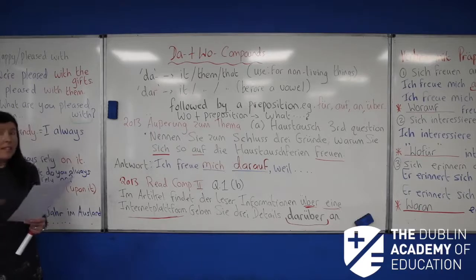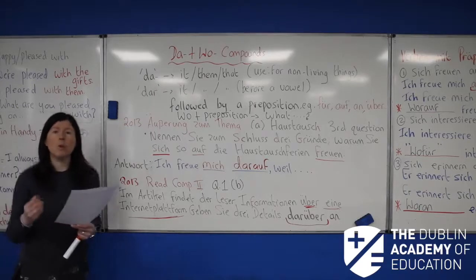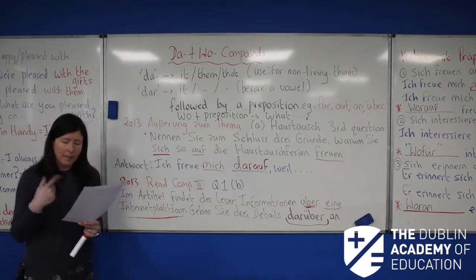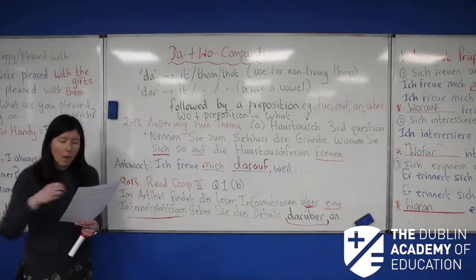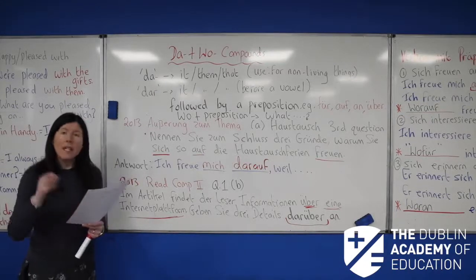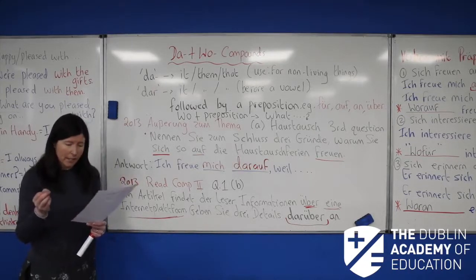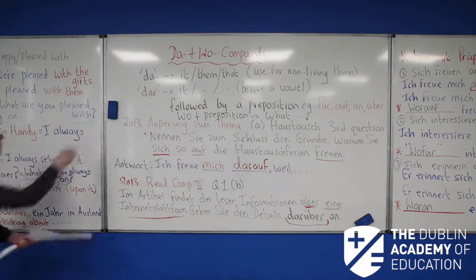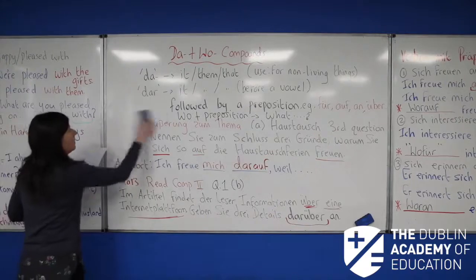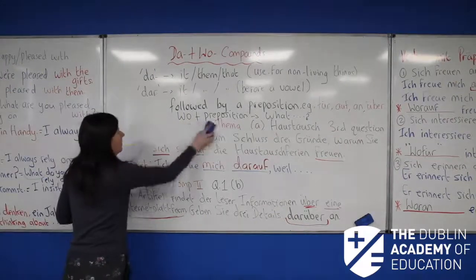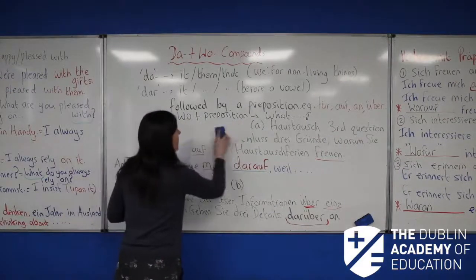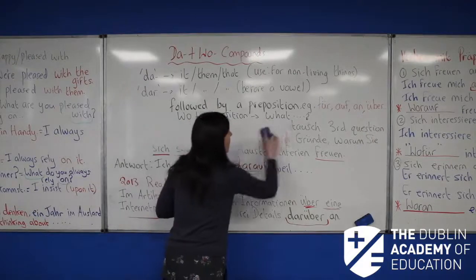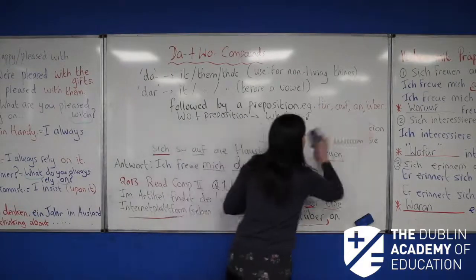Okay, so then 2010, reading comprehension 1, had another example of one of these da-compounds. It was line 35, so I'm going to write that one up for you, just one moment. It was in the middle of the actual comprehension, line 35.